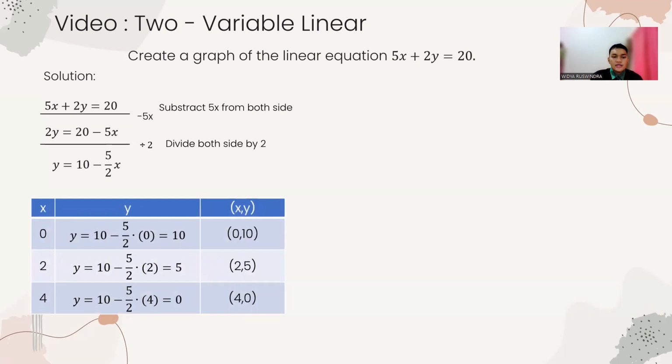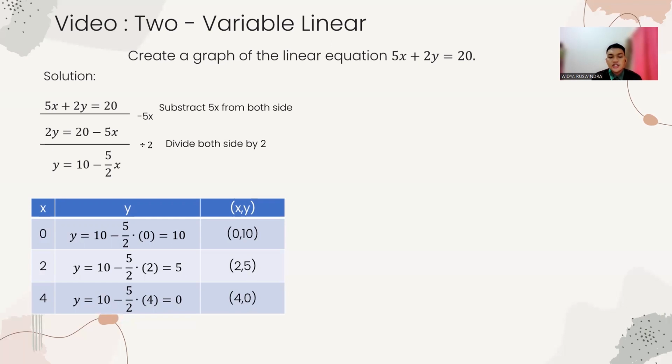The value of y depends on the value of x. For example, if the value of x equals 0, we get y equals 10 minus 5/2 times 0, which equals 10. And we get the coordinate (x, y) is (0, 10). And if, let's say, the x value is 2, we get y equals 10 minus 5/2 times 2, which equals 5.